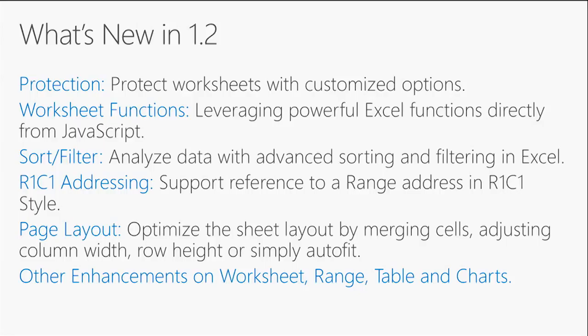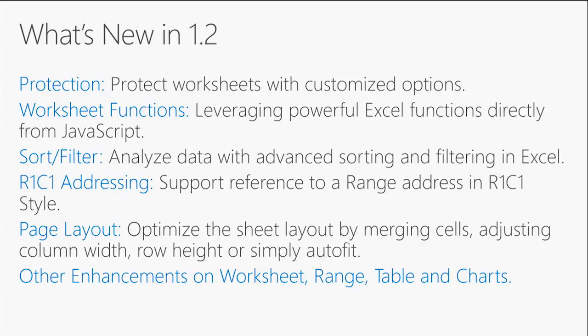First of all, 1.2 APIs allow developers to manage worksheet protection, and developers have full access to all the worksheet protection options Excel provides. Second, we enabled worksheet functions. With 1.2, developers can now leverage over 300 powerful Excel functions and formulas directly from JavaScript. This brings a ton of richness from Excel to JavaScript.